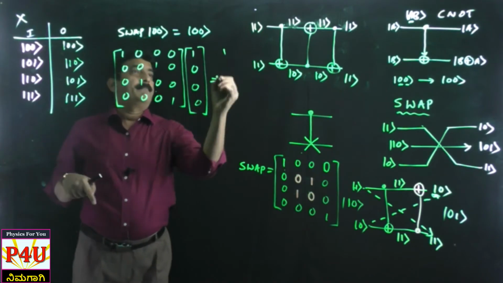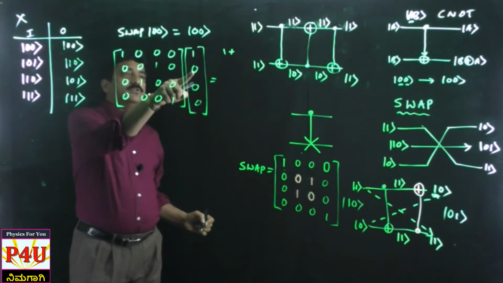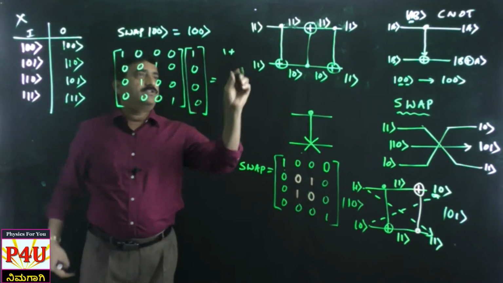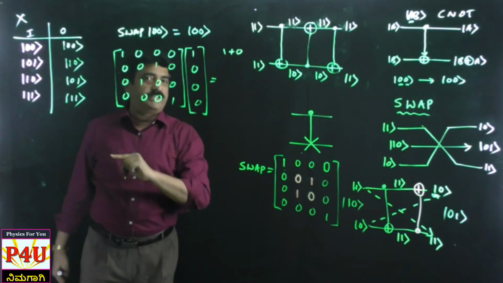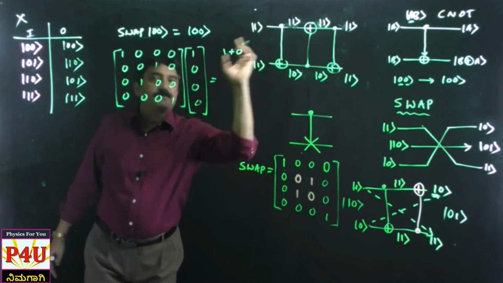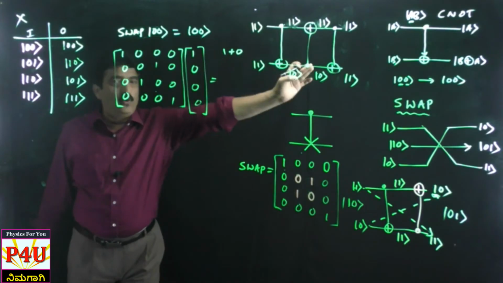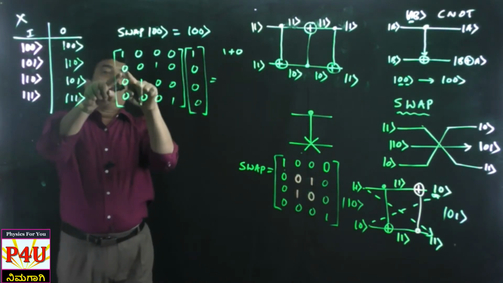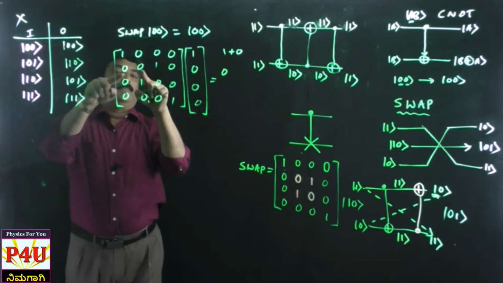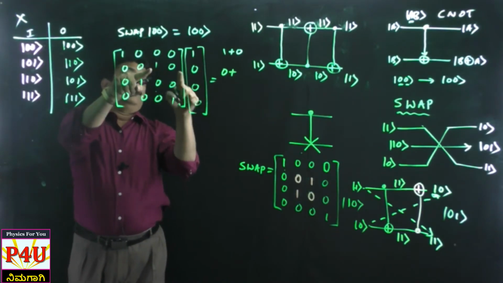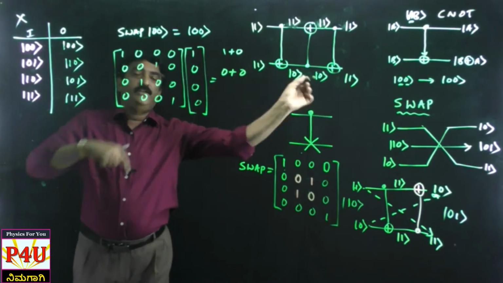1 into 1, plus 0 into 0, 0 into 0, 0 into 0, so it's totally zeros. I simply write 1 0, but remember, because of shortage of space I am not writing the remaining zeros, but it is not that there are only 2 elements, there are 4. Okay? Now next, 0 into 1, plus 0 into 0, plus 1 into 0, plus 0 into 0, so full zeros only.